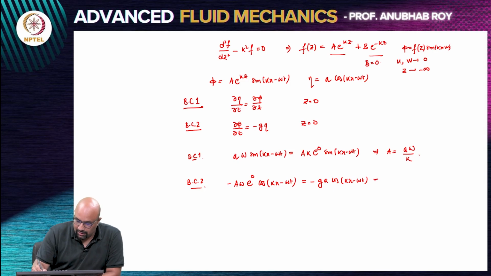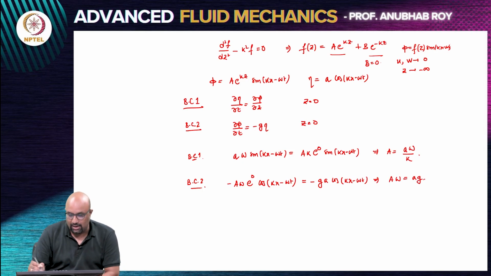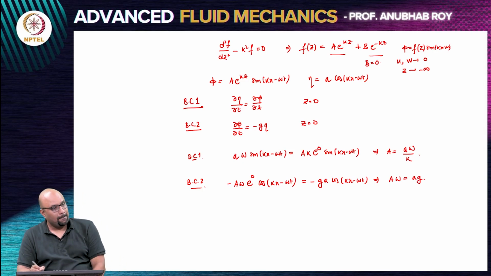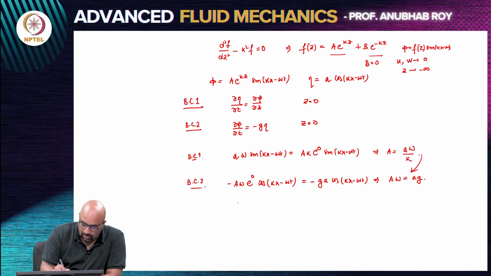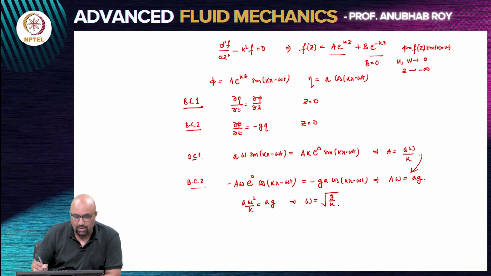So you obtain from here that capital A omega is small a times g. So if you substitute, you have a omega square by k is equal to ag, which gives you omega, the frequency, is square root gk.